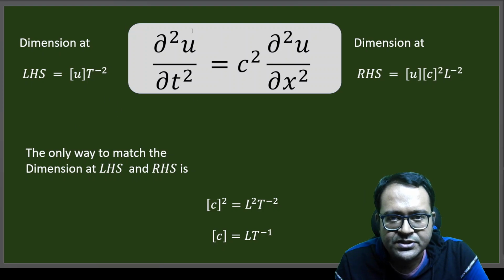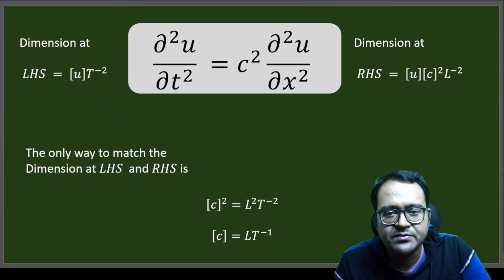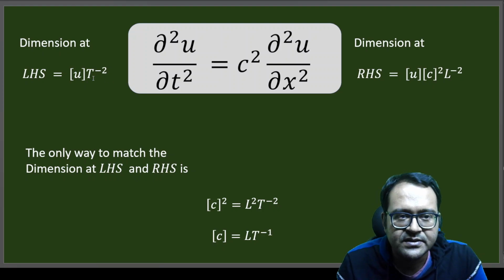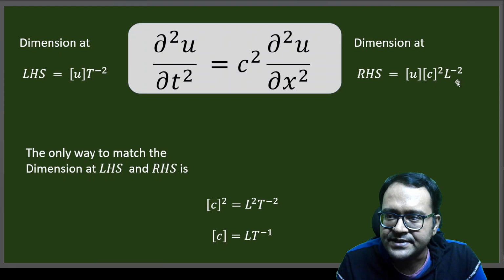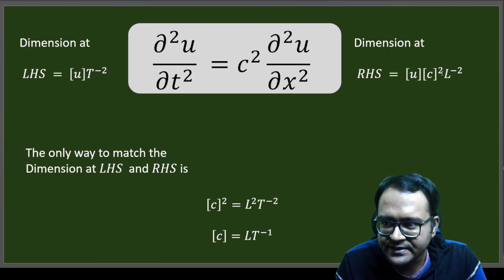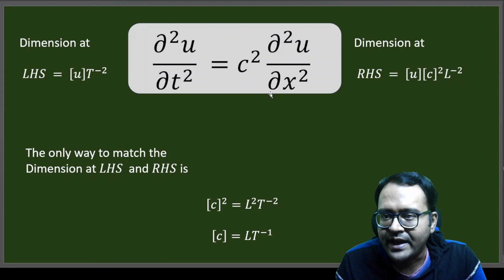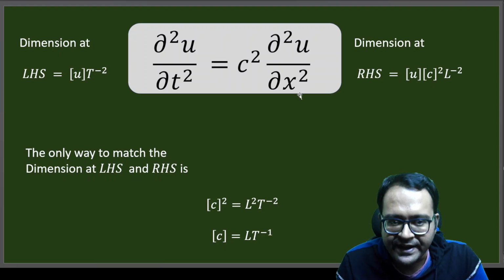If you consider your left-hand side, the dimension is the dimension of u by the dimension of t square, because it is a double derivative, you're taking the derivative twice. So this dimension is u t to the power minus 2. And the dimension of the RHS is the dimension of u, the dimension of c square, and L to the power minus 2, as you are taking the derivative with respect to x.